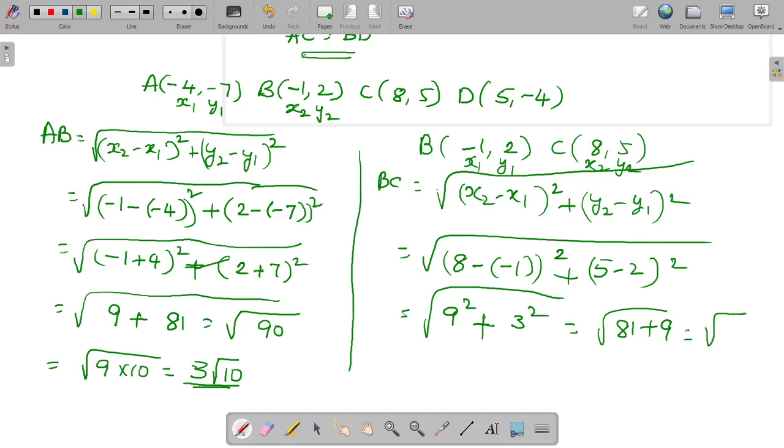Square root of 90, as usual the square root of 9 into 10, can be written as 3 root 10 units.